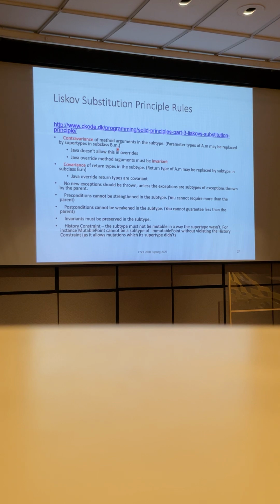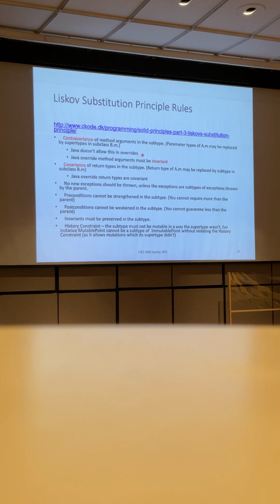So contravariance, which by the way is not allowed in Java overrides. All right, so this is not something that you can exercise in Java. But contravariance is the ability to use supertypes in the parameters. Okay, that does not break the definition of true subtype.